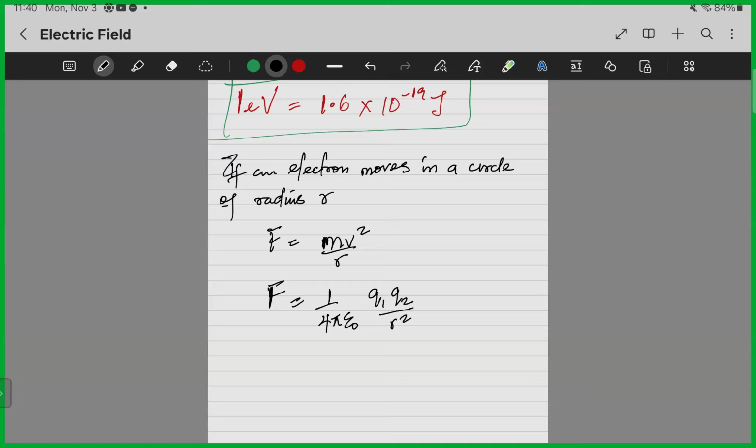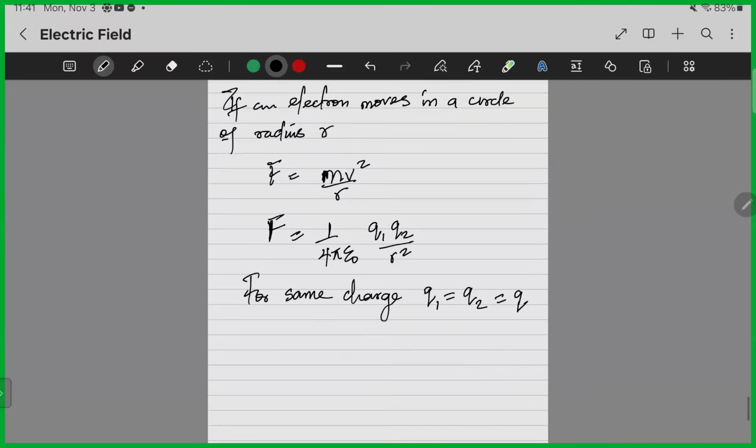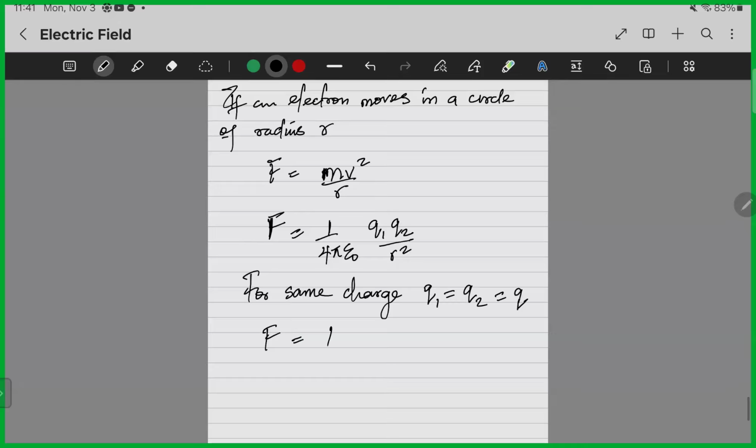So when you have the same charge, Q1 equal to Q2 equal to Q, then you can just write it as Q. So let's write that down. So for the force, I can now write this formula as F equal to 1 over 4 pi.